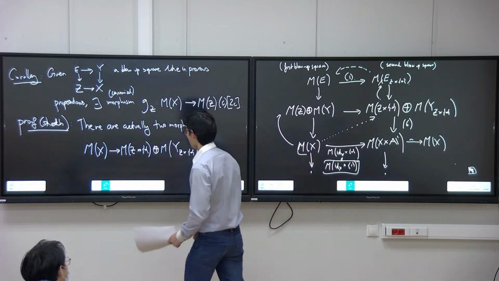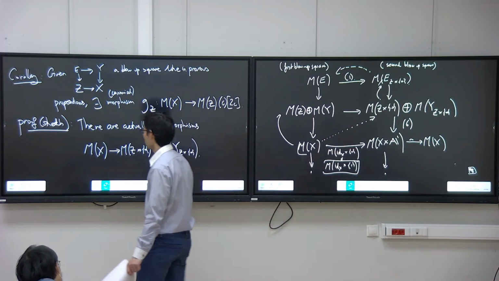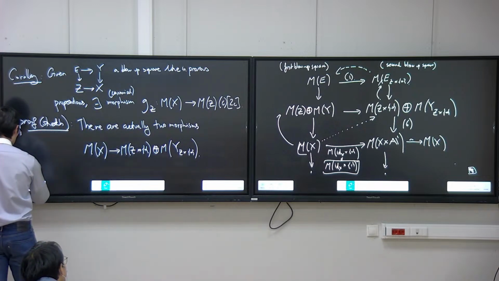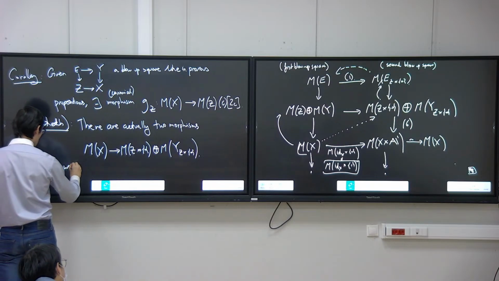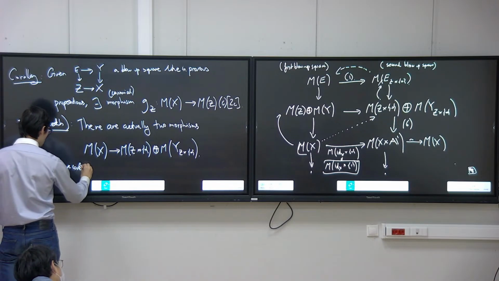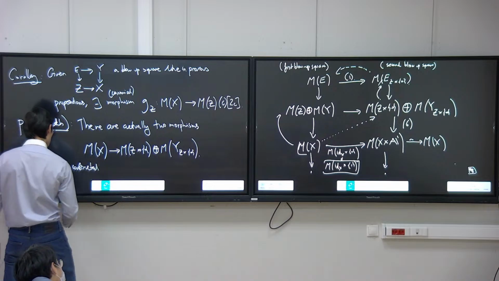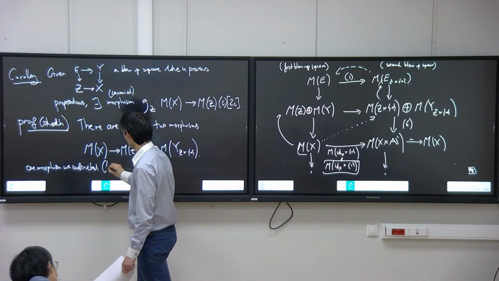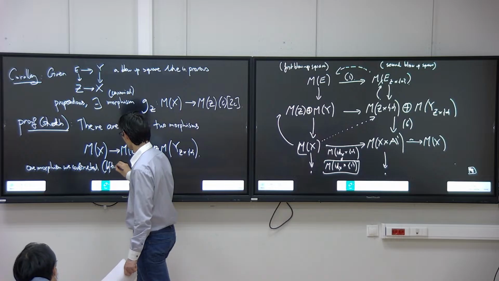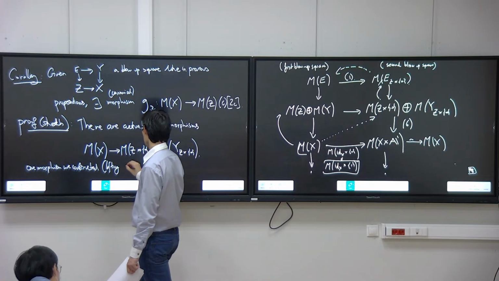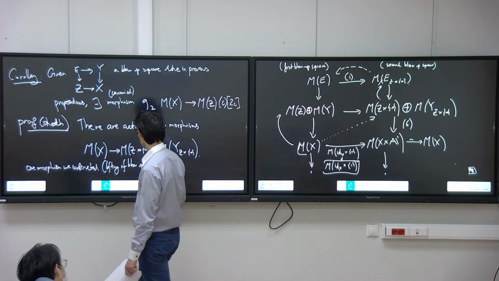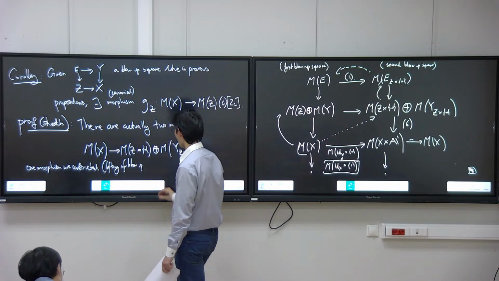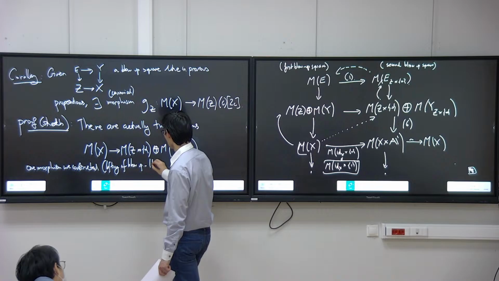The first morphism we constructed, so it's the lifting of the blow up, like Hartshorne.